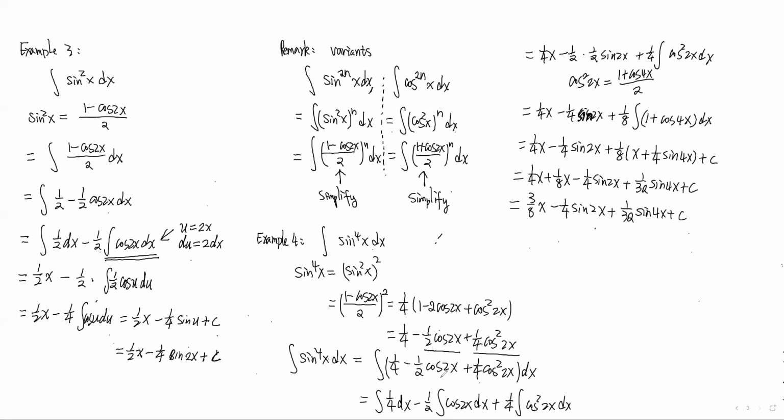Like here, you cancel the power, right? And then the number inside the cosine is double, right? Anyway, so that's this problem. Okay, let's continue.